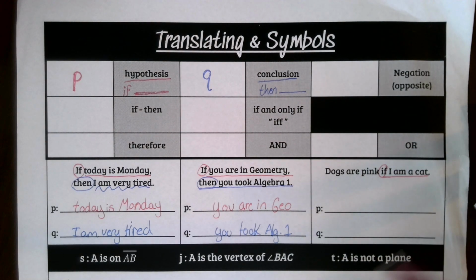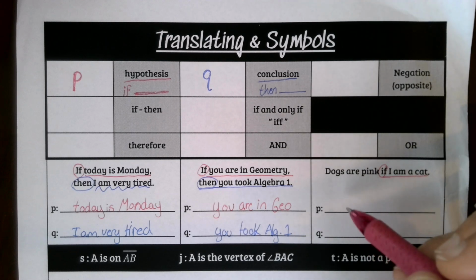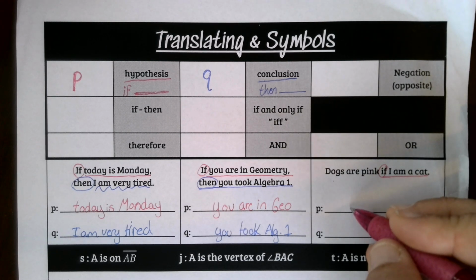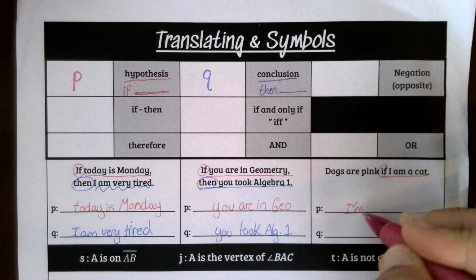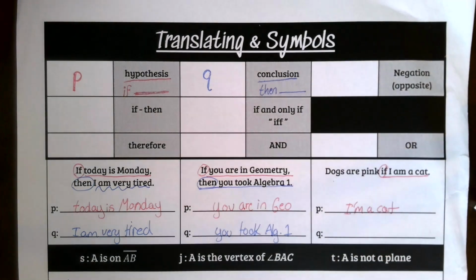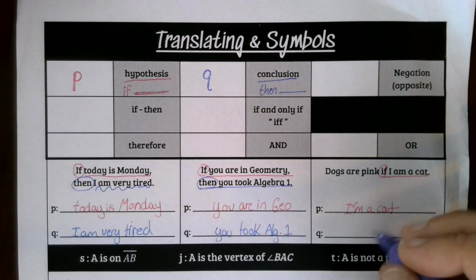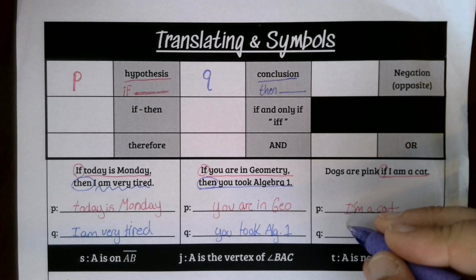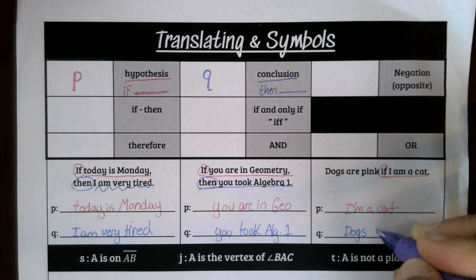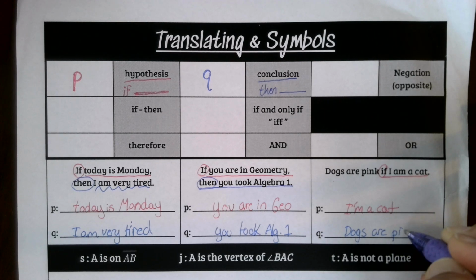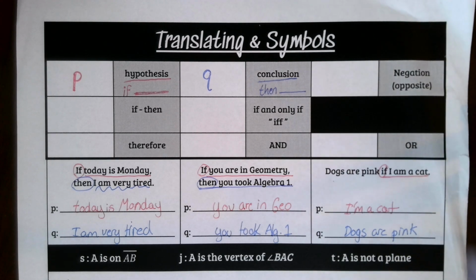This is the condition. If I'm a cat, the results are then dogs are pink. So if I am a cat, has to be our hypothesis, and then dogs are pink is our result, right? Our conclusion.